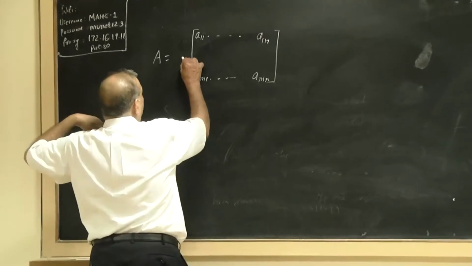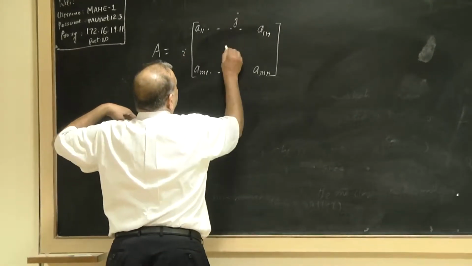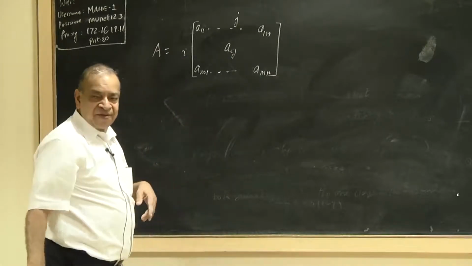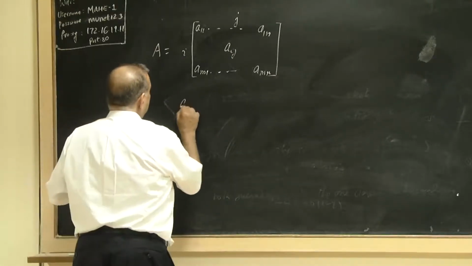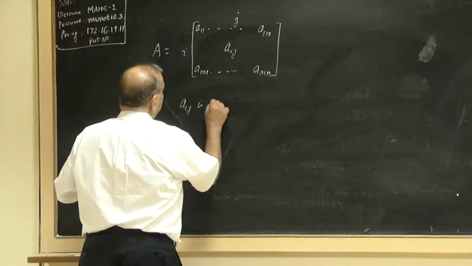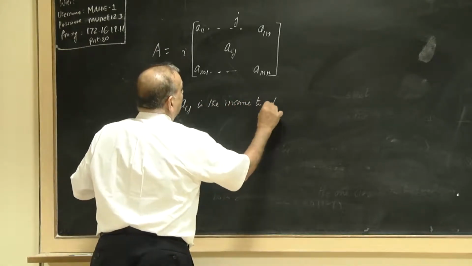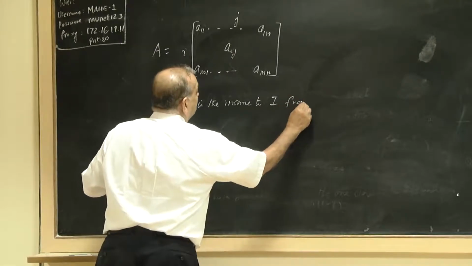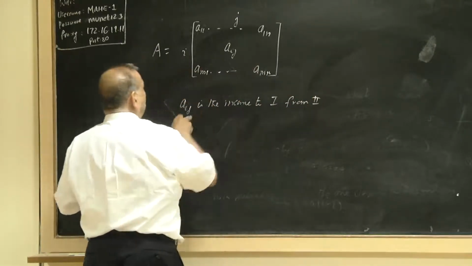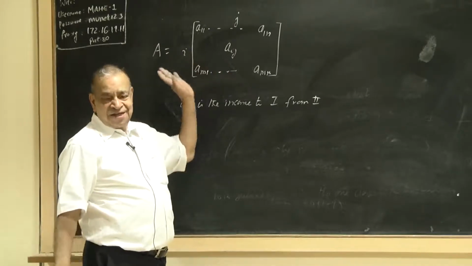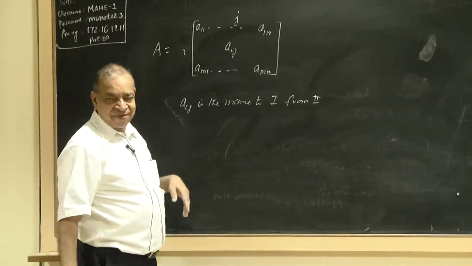If he chooses the ith row and the jth column, Aij is the income to player 1 from player 2. So 2 must pay 1 Aij. Suppose if it is negative, it is essentially player 1 pays that much to player 2.